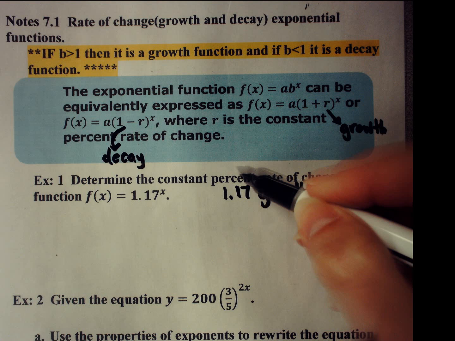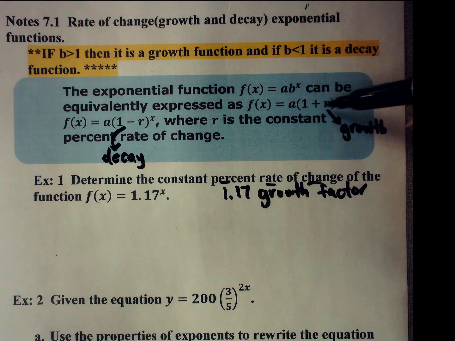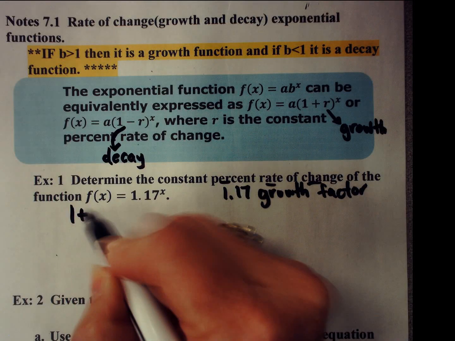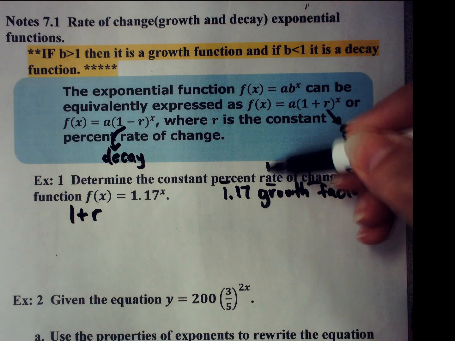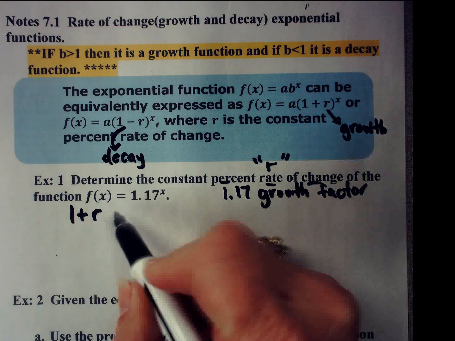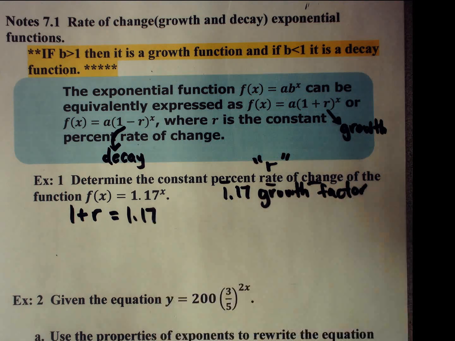Now, to find the percentage of change, we're going to take that b part, the growth factor, the 1 plus r, so that we can find r, because that is the percentage rate of change. And set it equal to that 1.17 because they already added it together.